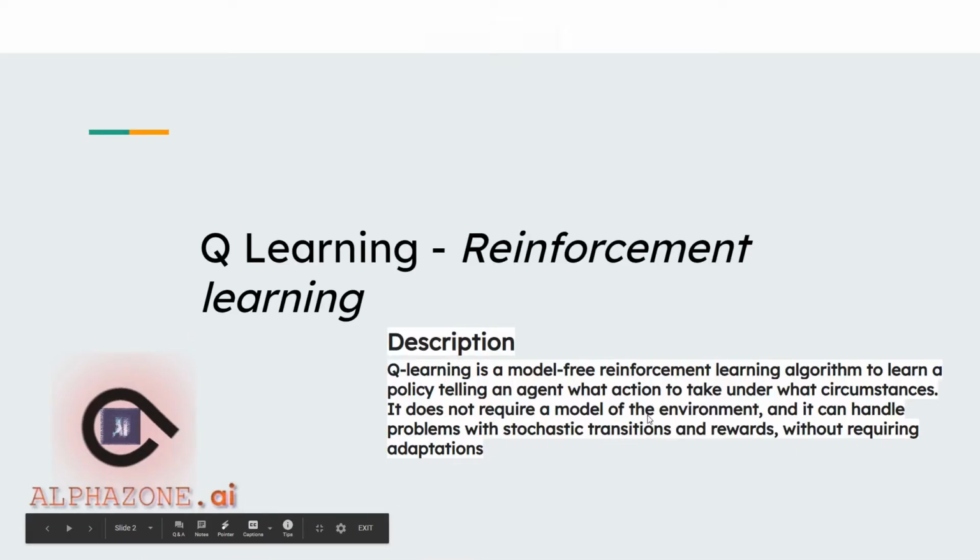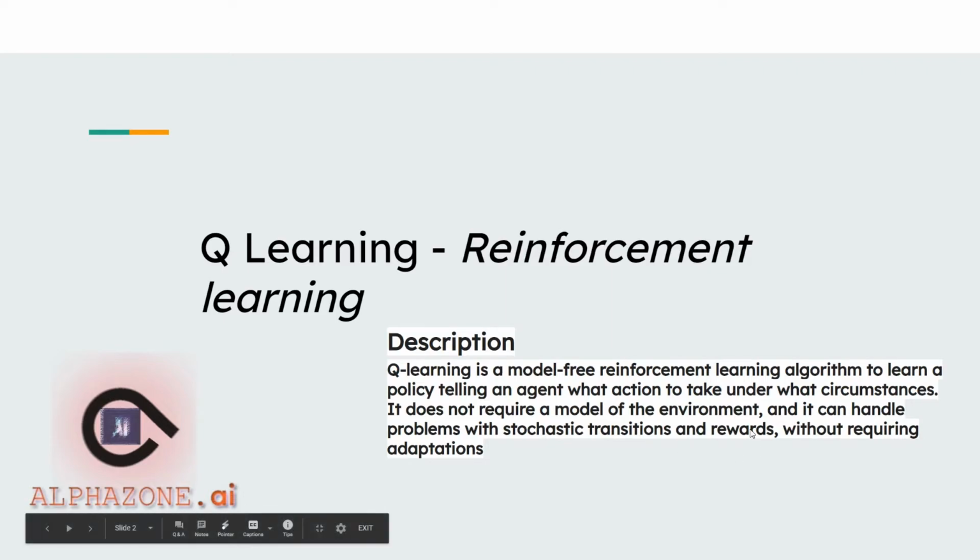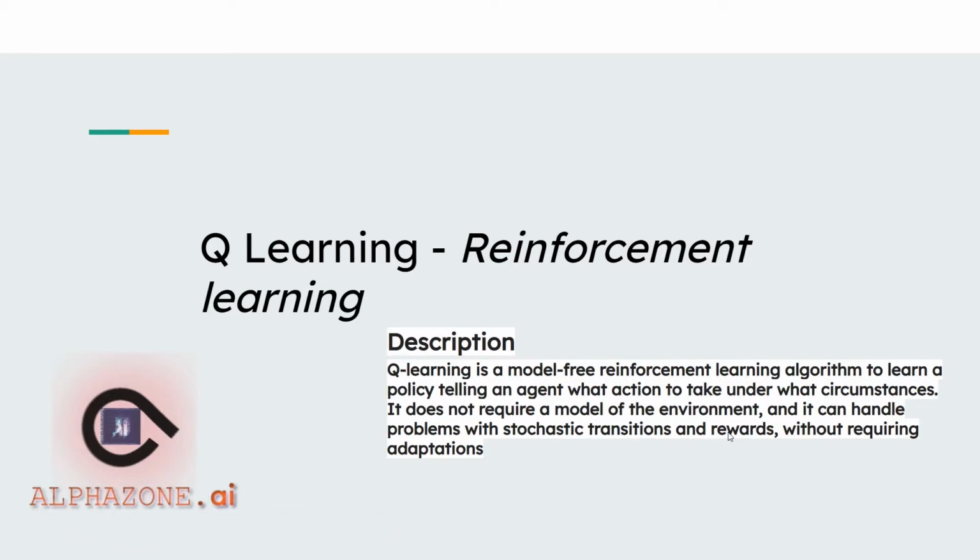Yeah, so it does not require a model of the environment, and it can handle problems with stochastic transitions and rewards. So the action that is taken is completely dependent on the rewards, right?